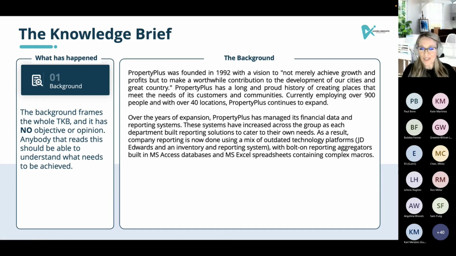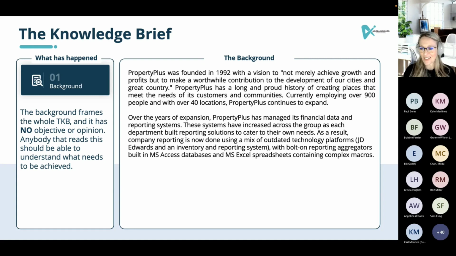Over the years of expansion, Property Plus has managed its financial data and reporting systems, and these systems have increased across the group as each department built reporting solutions to cater for their own needs. So you can imagine you've now got the sales department, and this is back in the 90s, when Windows 93 just came out.